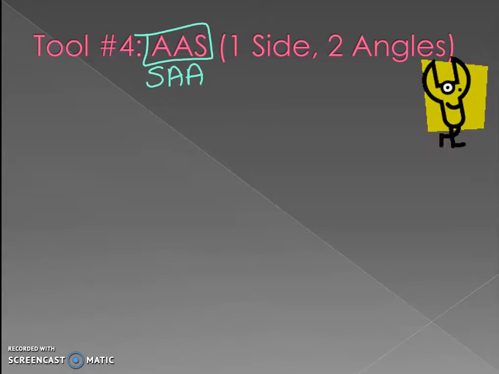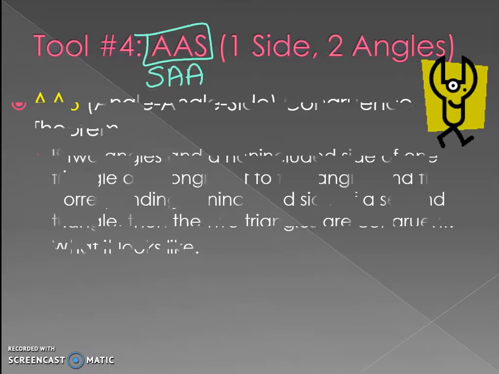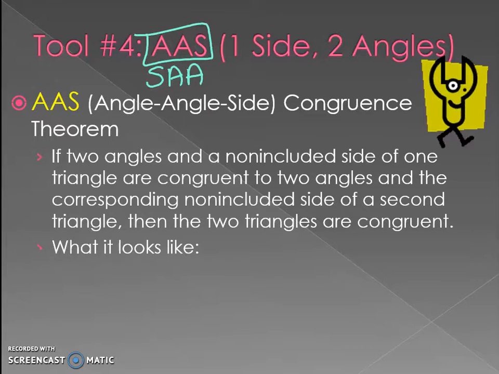Tool number 4. AAS, or you can do SAA, one side and two angles. AAS is the angle angle side congruence theorem. If two angles and a non-included side of one triangle are congruent to two angles and the corresponding non-included side of a second triangle, then the two triangles are congruent.